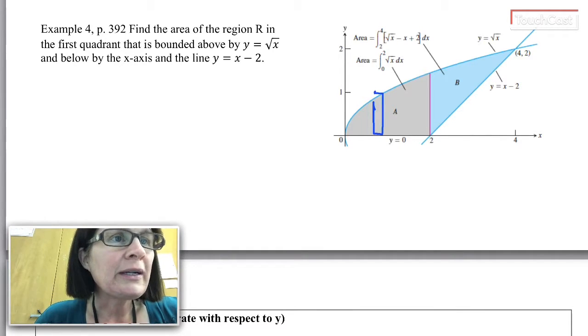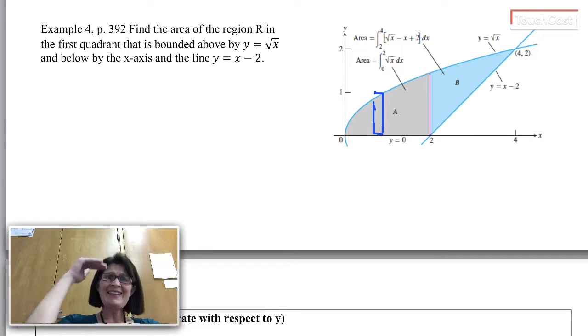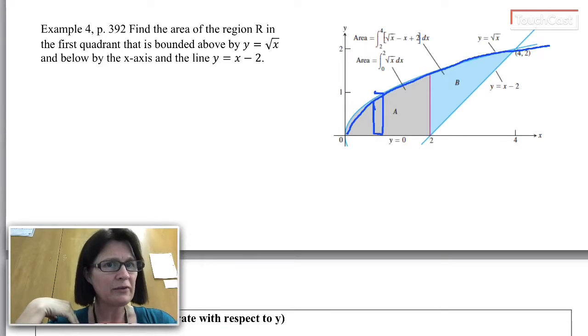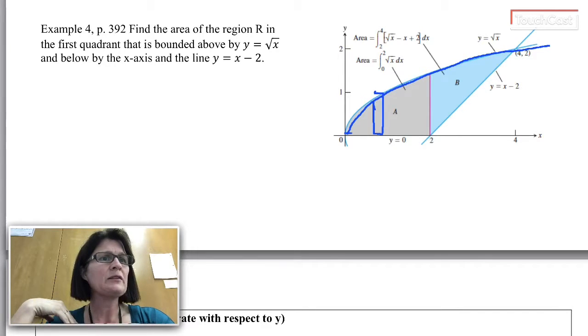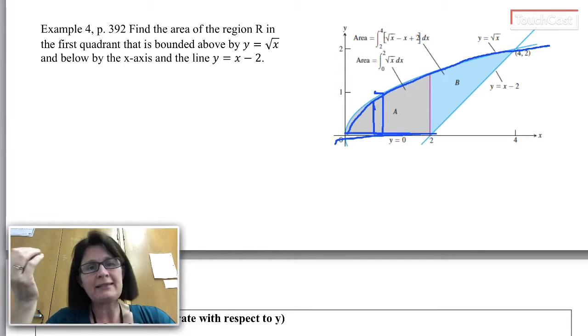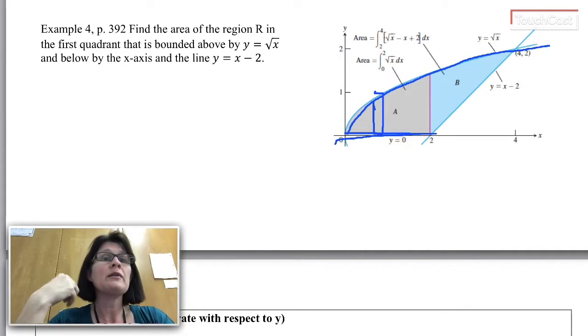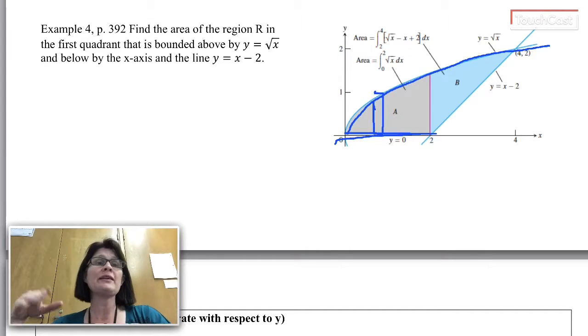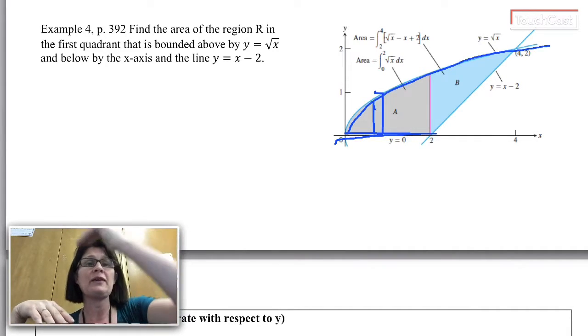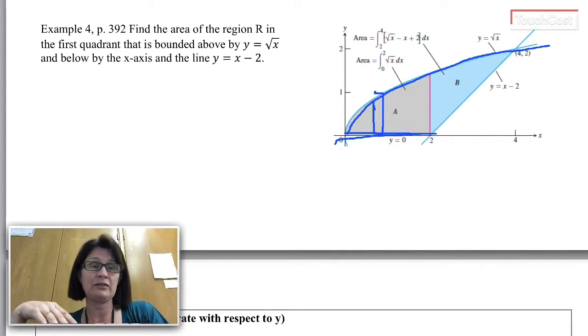When I try to draw this rectangle, the top of the rectangle is bounded by y equals square root of x, and the bottom of the rectangle is bounded by the x-axis, which has the equation y equals 0. Okay, so I could do the integral from 0 to whatever of square root of x minus 0.